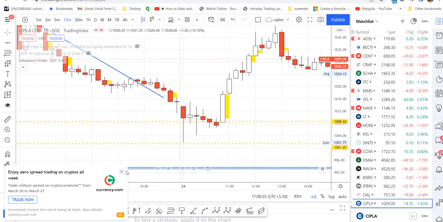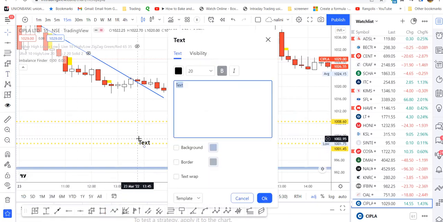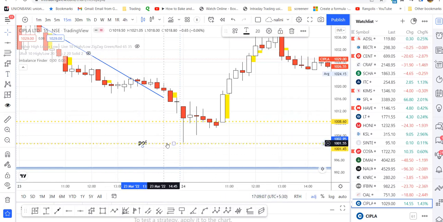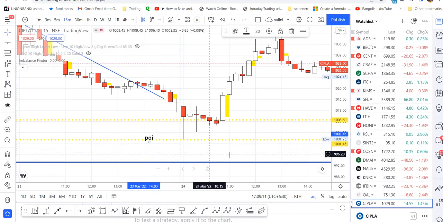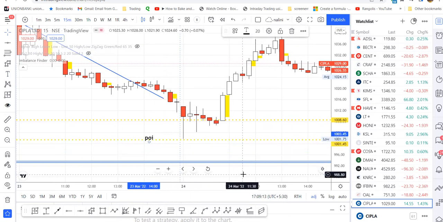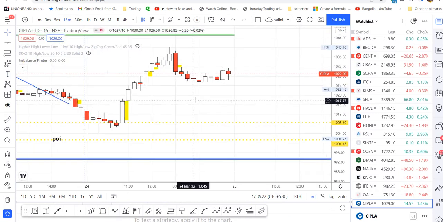So you are prepared for the trade. This is my point of interest. How did I mark it? By seeing the imbalance on the daily, 4-hour and hourly, and then 30 to 15 minutes. I came down and fine-tuned the levels.